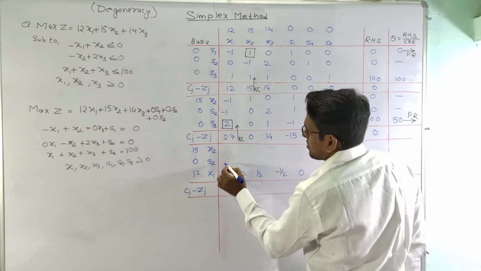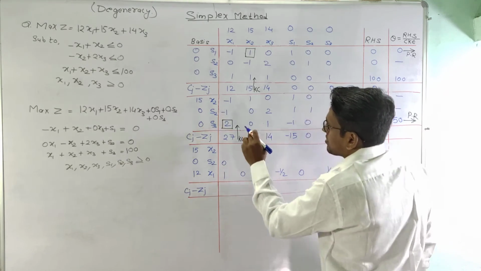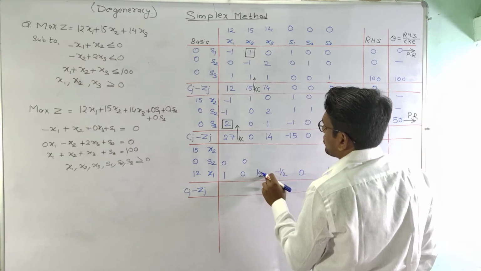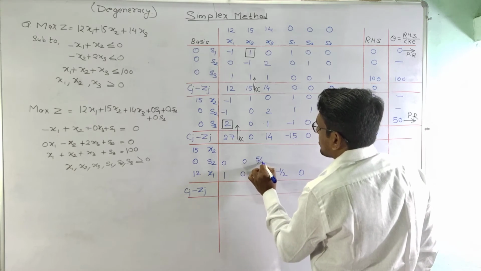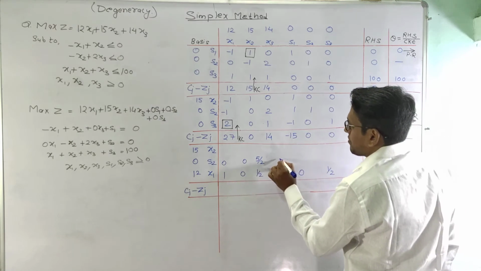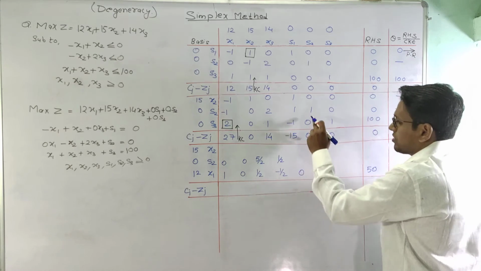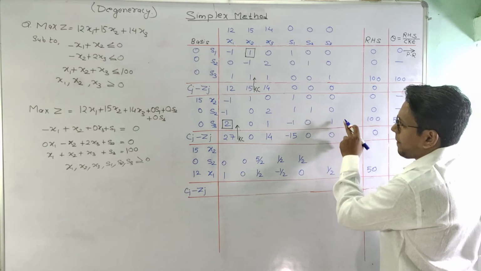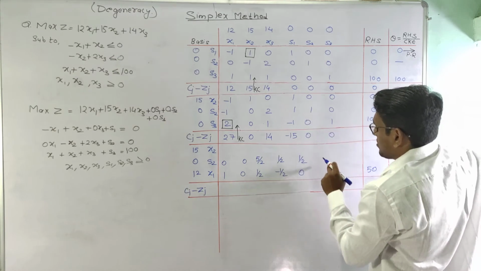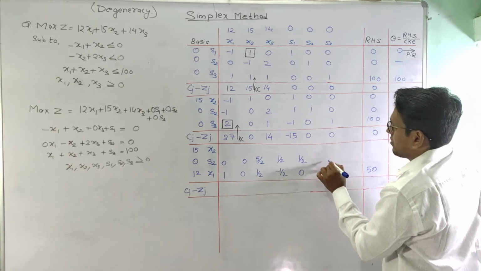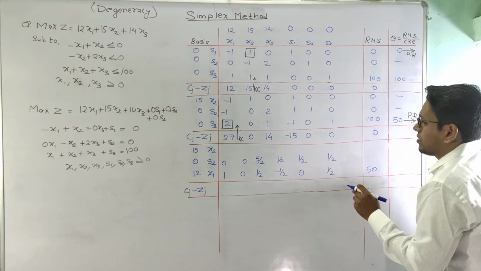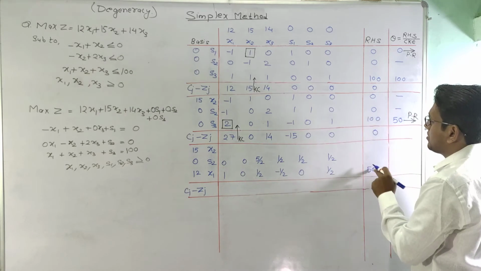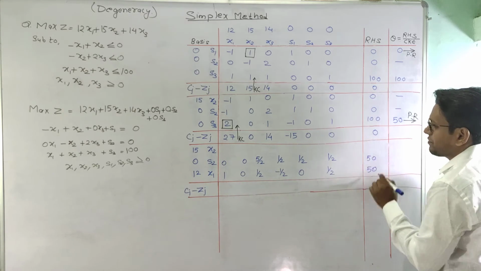So this plus this is 0, this plus this is 0, this plus this is 2.5, that means 5 by 2, this plus this is half, 1 by 2, this plus this is 1 by 2, and this plus this is half, 1 by 2. Now this plus this is 50, 0 plus 50 is 50.